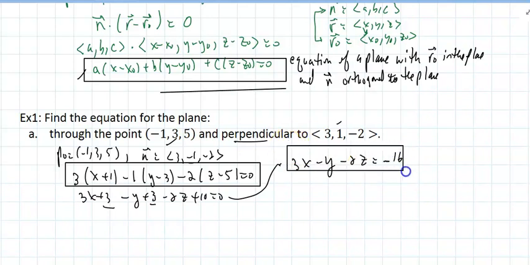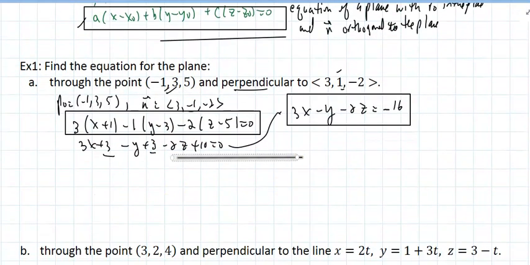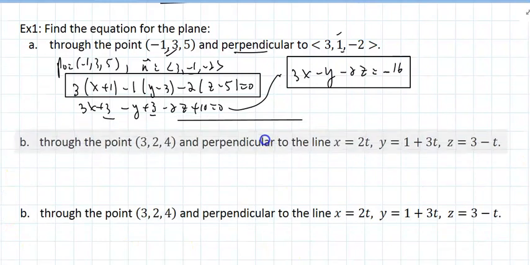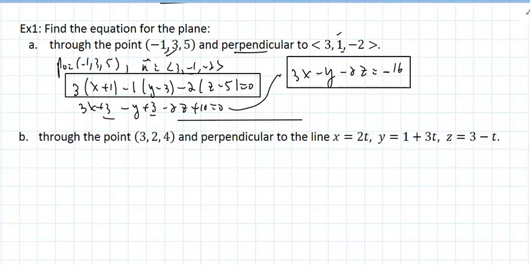That would be the equation of the plane. This point is on it, and this vector is perpendicular to it. So to find an equation of a plane, I need a point on the plane, and I need a vector normal to the plane.